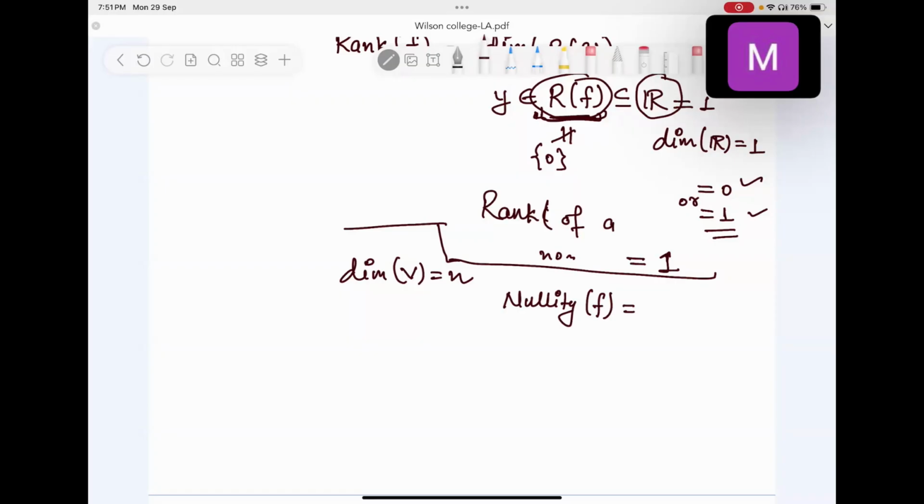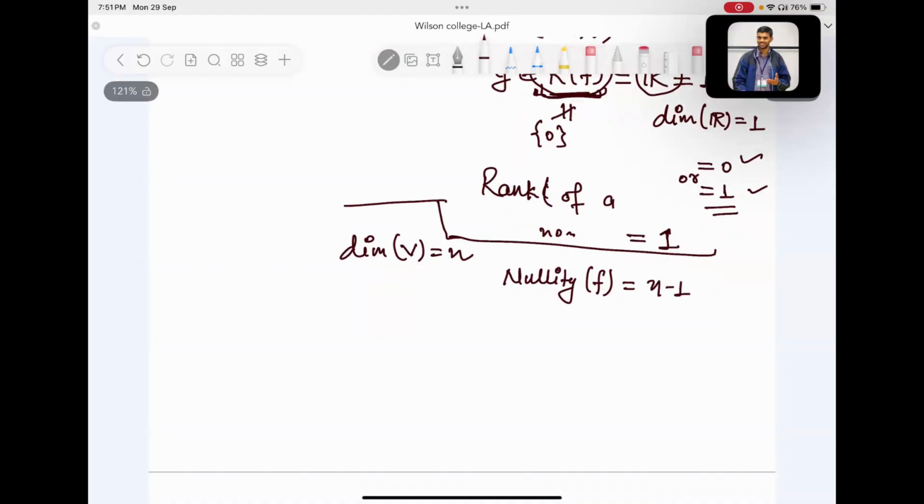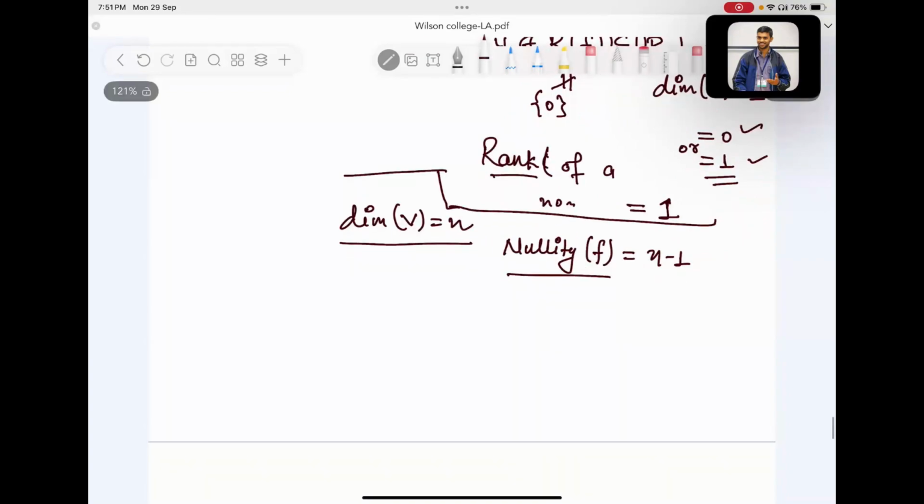Use the rank-nullity theorem. It is n minus 1, because the rank of f plus the nullity of f equals the dimension of V, and the dimension of V is n. So the nullity of f will be n minus 1 for every non-zero functional f.